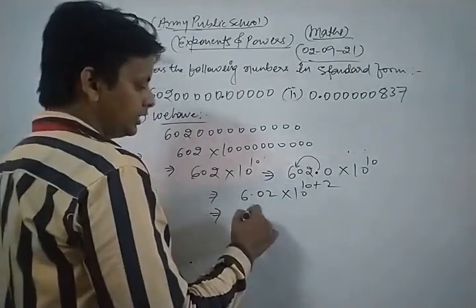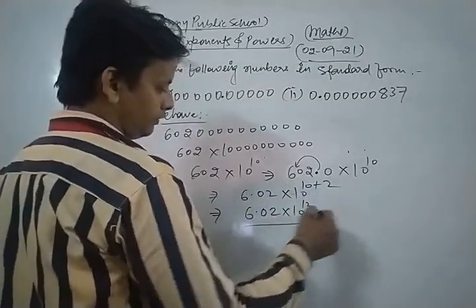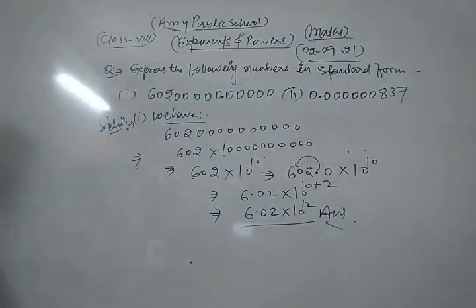So we get 6.02 into 10 to the power 12. This is the required solution of the given question.